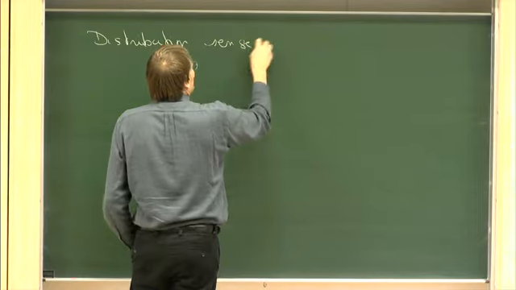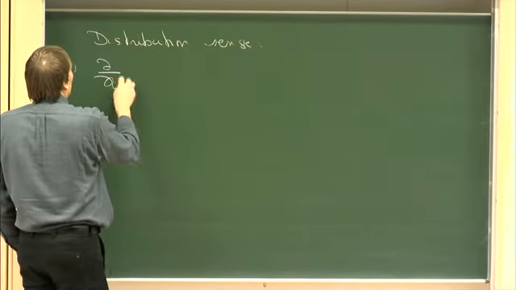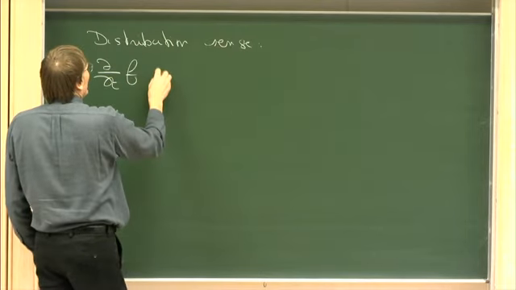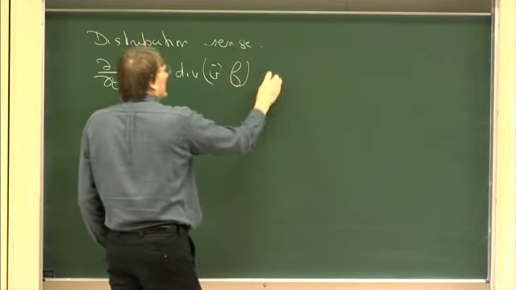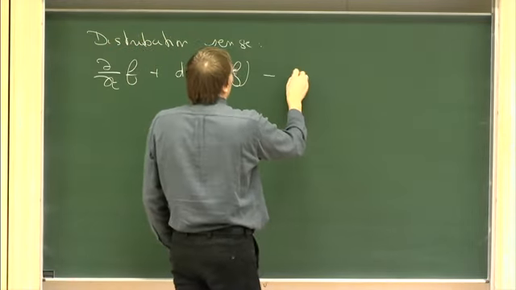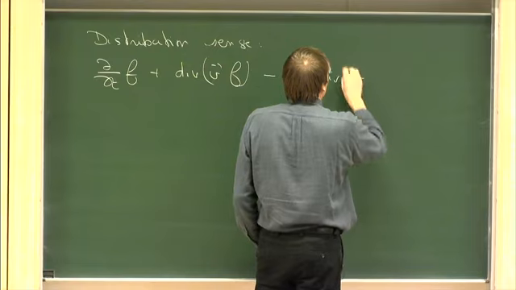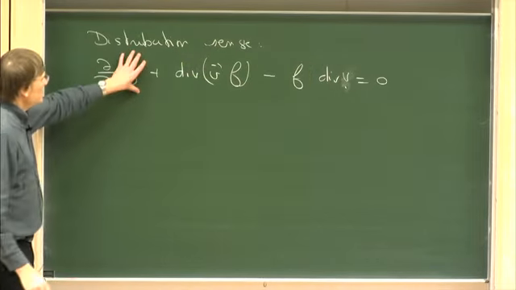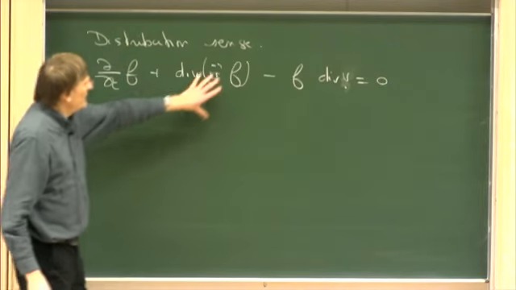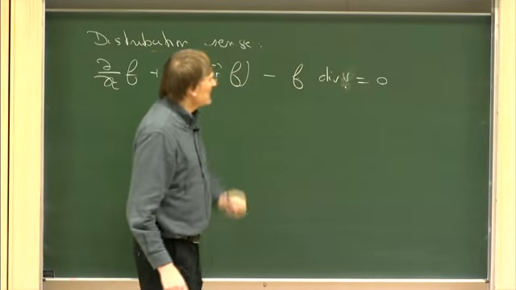In the distribution sense, what you do is write an equivalent formulation where you write divergence of Vf minus f divergence V equals 0. And now you are in good shape because this is an object which can be well defined.